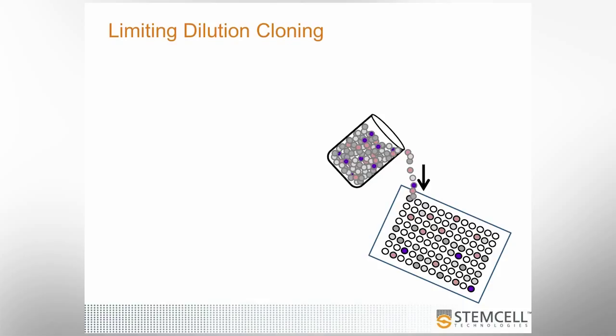And this is accomplished most often by distributing the cells such that there's an average of less than 1 cell per well. So diluting to this degree increases the chances of being able to isolate individual cells into unique wells on the plate, but it also, as you can see on this plate, results in a lot of empty wells.